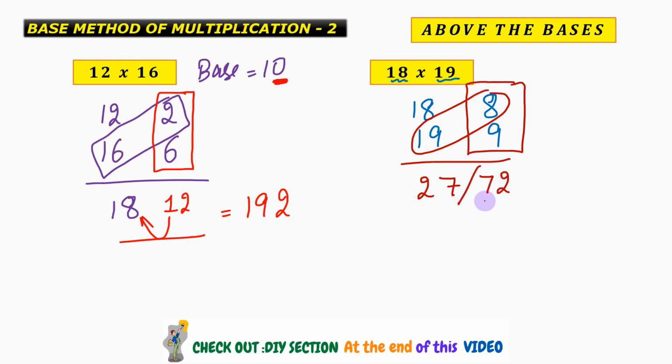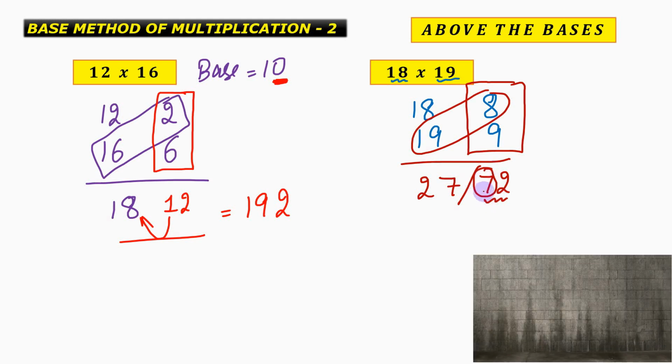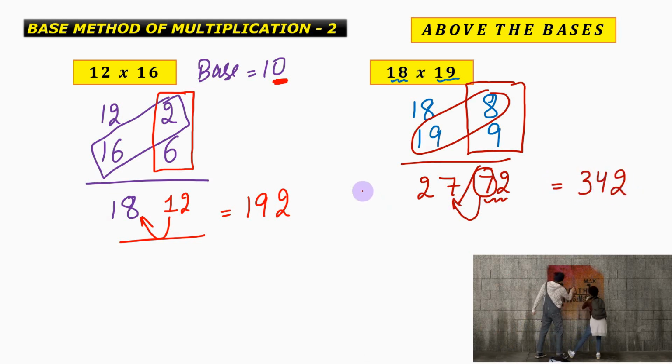But then again, this should not be a 2-digit number, rather this should be a single digit number, which simply implies that this 7 will get carried over to this place, thereby getting the answer as 342. I hope you have understood this. Now let us move on to the next questions.